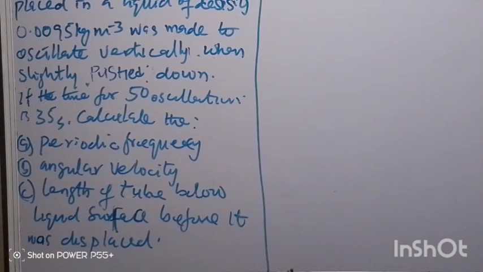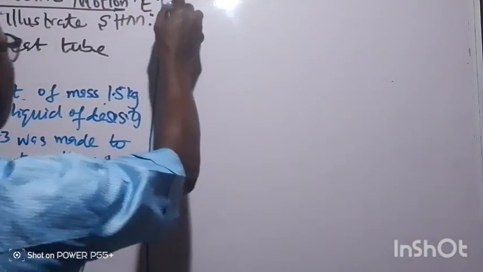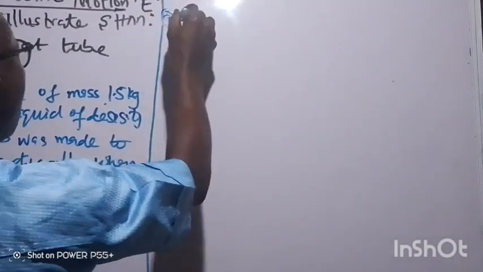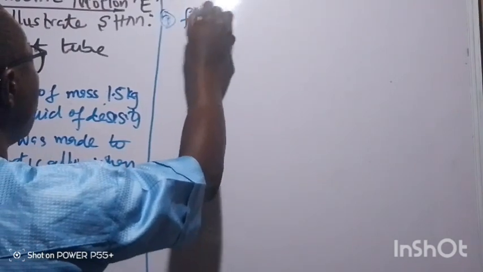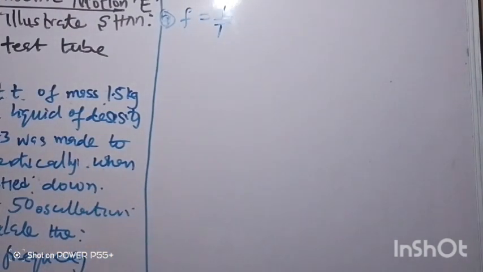Now the first question says we should calculate the periodic frequency. The word periodic frequency is the same thing as frequency, which is equal to 1 over capital T. It is being called periodic frequency because of this period.